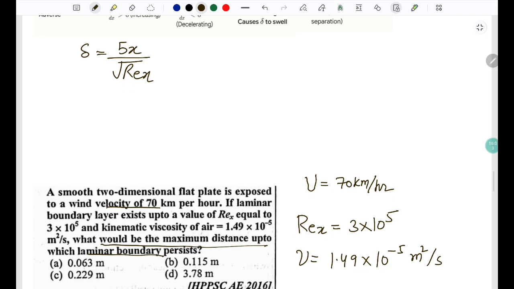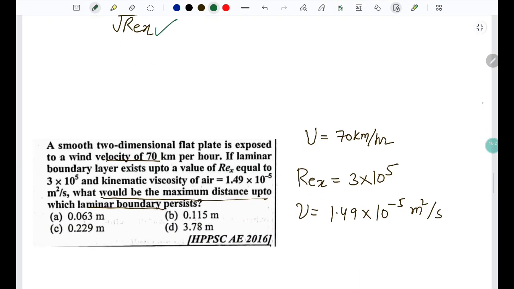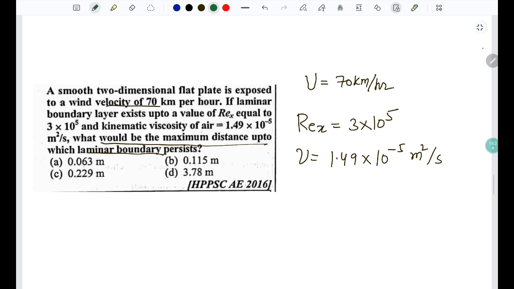They have given us the Re value, and they have asked us for, sorry, my approach was wrong. The approach was like this. You had the Reynolds number.